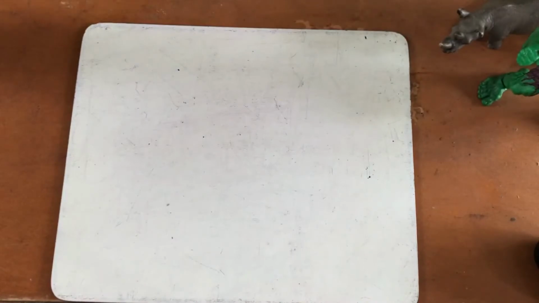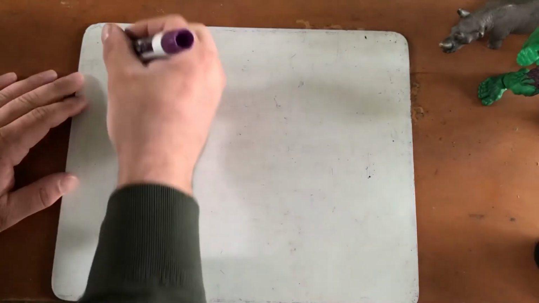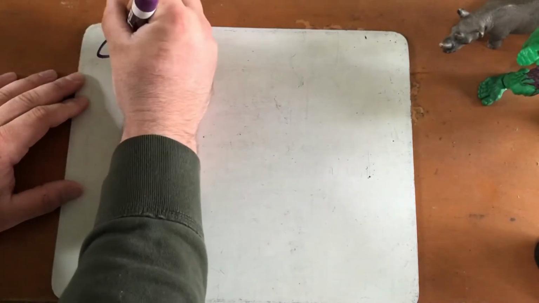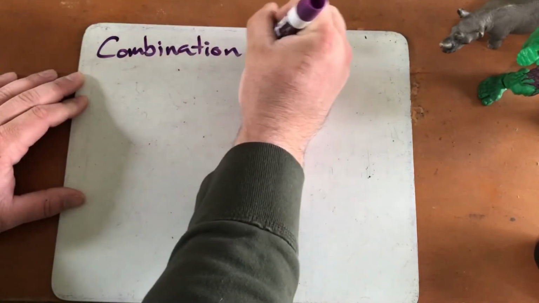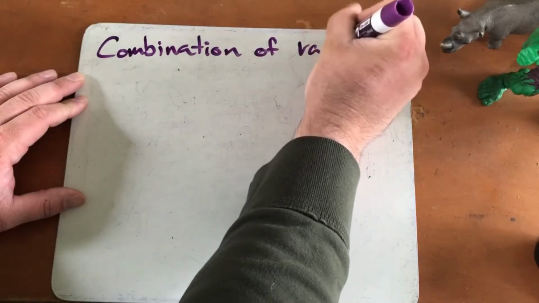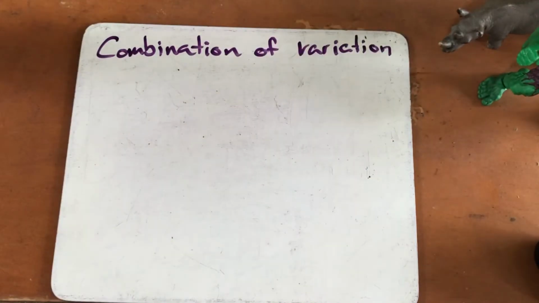The last thing we want to look at is when it combines inverse variation and direct variation. All right, so we'll call this combination of variation. So for the combination of variation, it's going to say in words both varies directly and varies inversely.